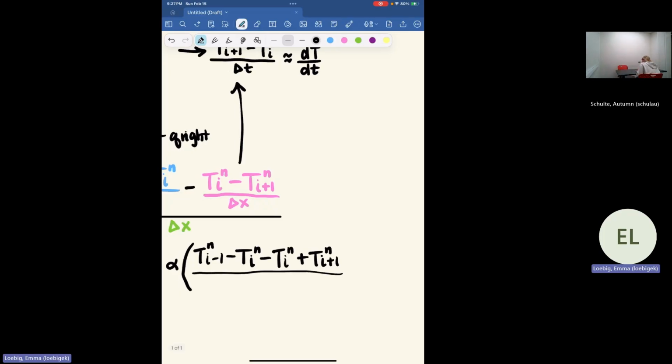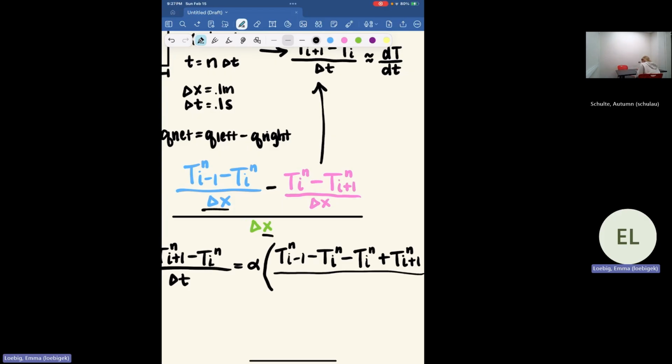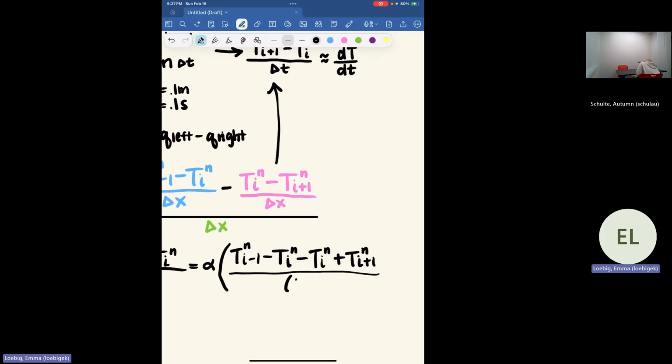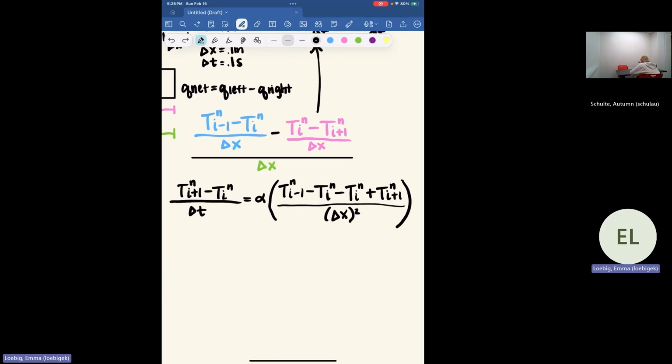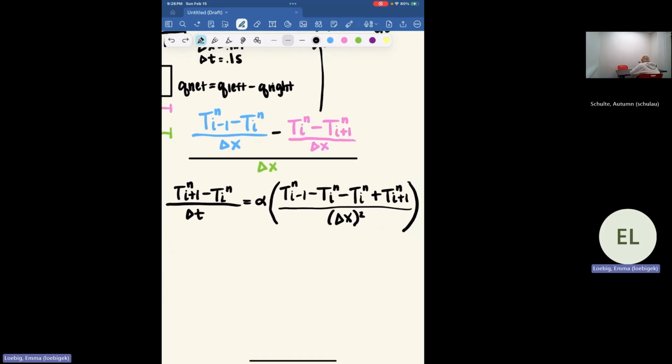And this is divided by position, which gives us delta x squared.